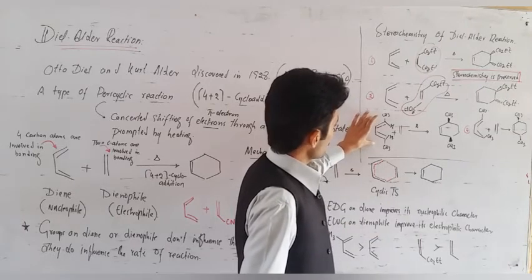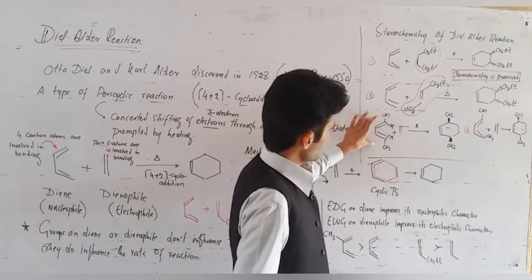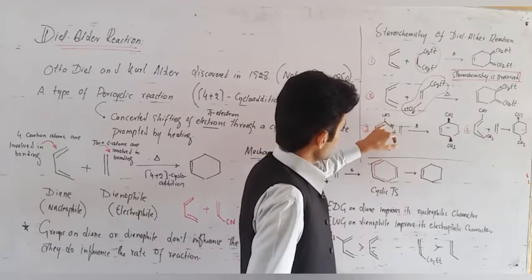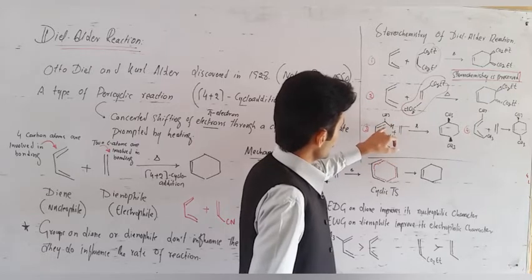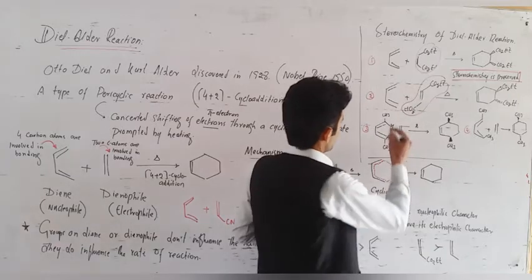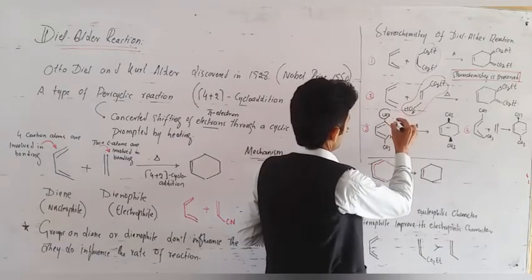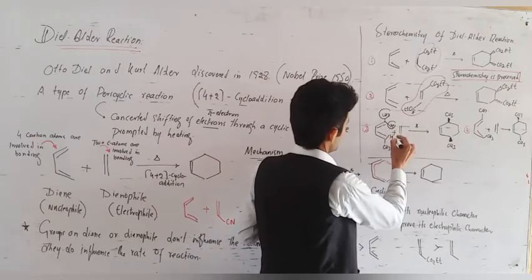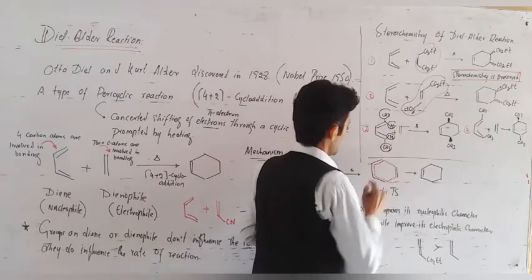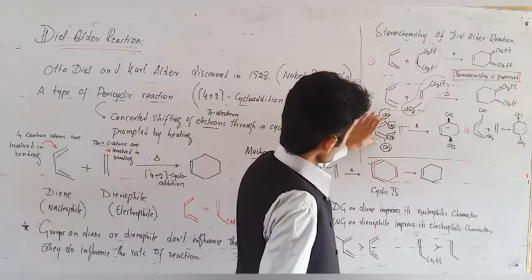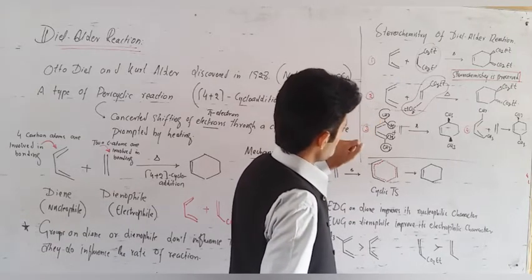Similarly, if we focus on the stereochemistry of the diene, then we can categorize the groups attached to the terminal carbon atoms of the double bond as a right group and a left group. Here, in this case, both the methyl groups are on the left side.